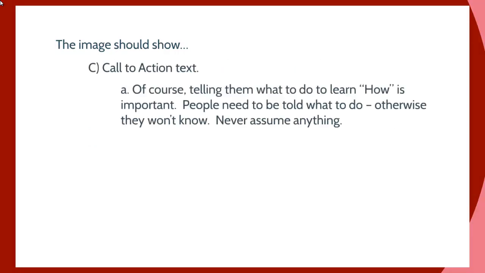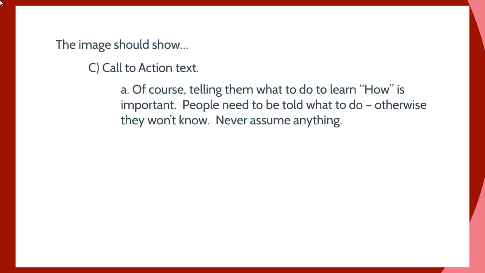The image should also show a call to action text. Of course, telling them what to do to learn how is very important. So going back to the example earlier, they're going to want to learn how. So you're going to want to put some text in the image that tells them what to expect after they click. So people need to be told what to do.